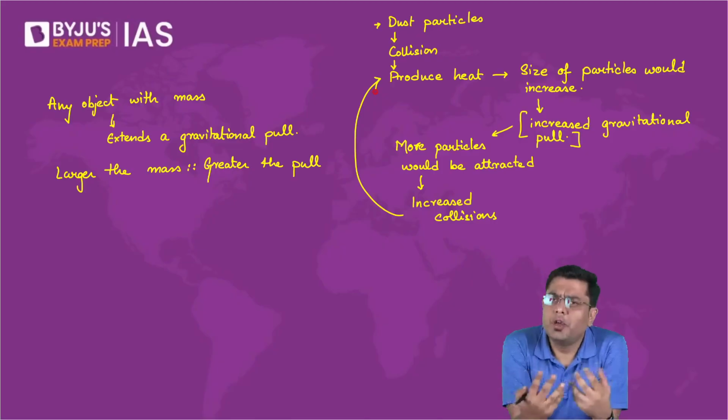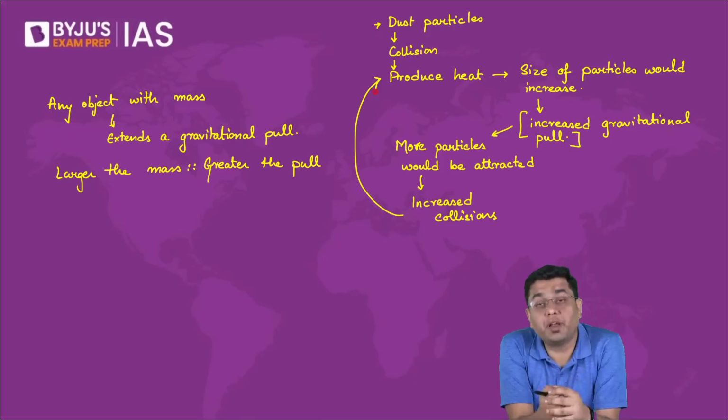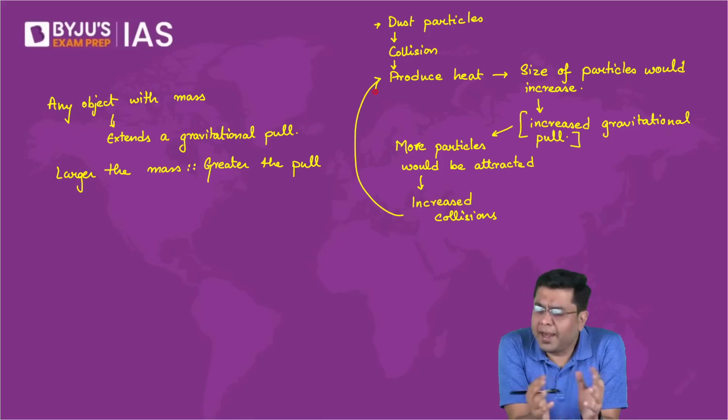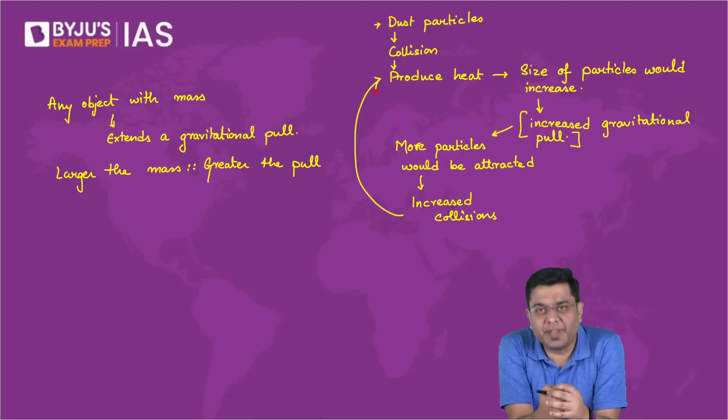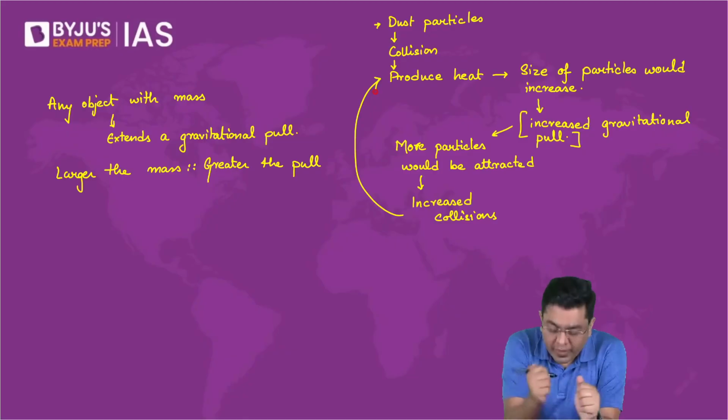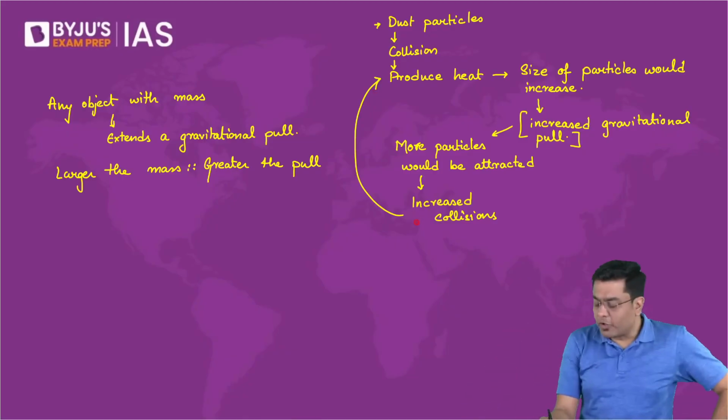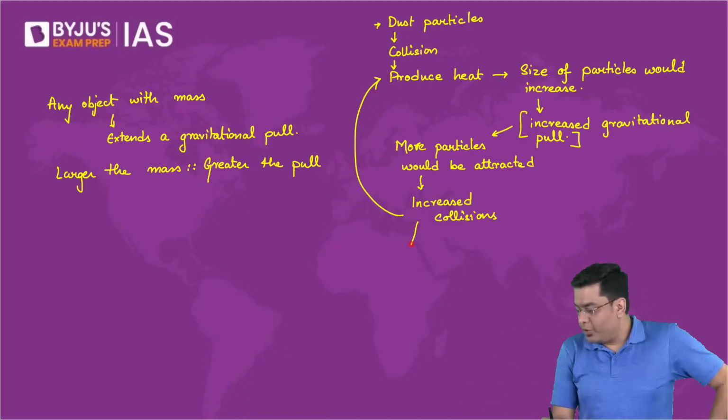So such very large masses would be created rather than those dust particles. And those were referred to as the building blocks of the planets themselves. So that is what is also referred to as a planetesimal. So eventually, increased collisions led to the creation of planetesimals.